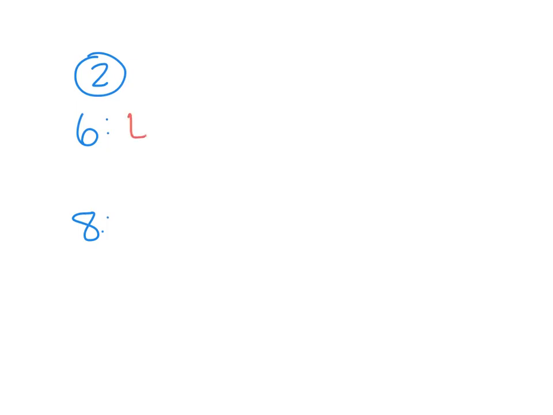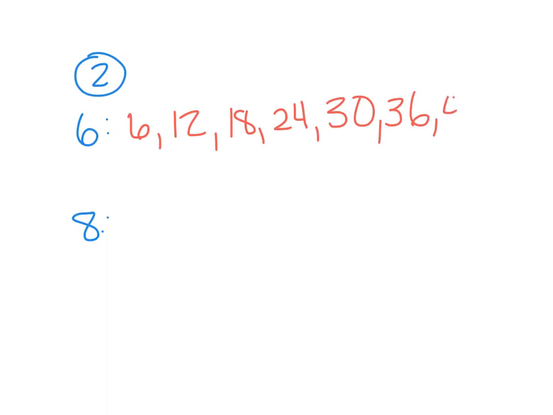So 6 times 1 is 6, times 2 is 12, 18, 6 times 4 is 24, 6 times 5 is 30, 36, 42, 6 times 8 is 48, 6 times 9, 54.